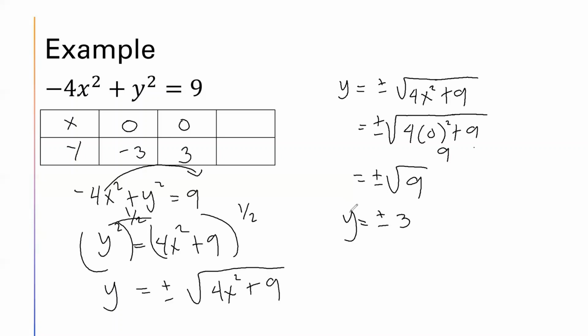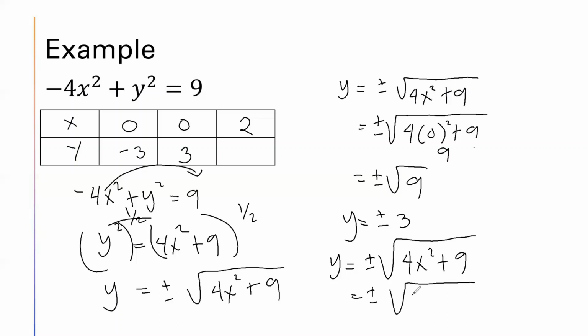How about if our x is 2? For x equals 2, just do the same. Y is equal to positive negative square root of 4x squared plus 9. So we have positive negative square root of 4 times 2 squared plus 9. 2 times 2 is 4, and 4 times 4 is 16.